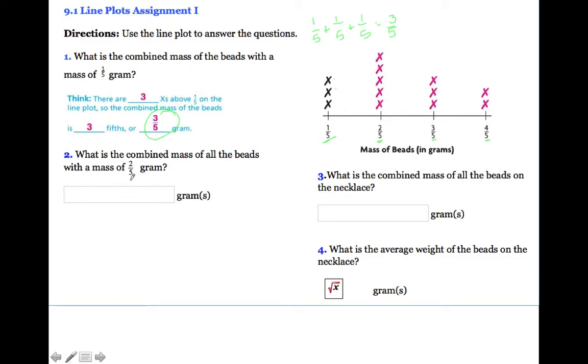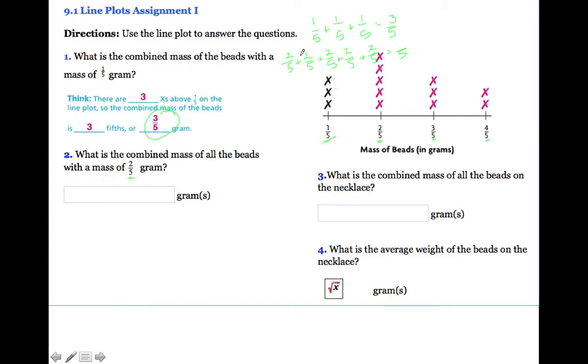So now they want to know the combined mass of the beads with 2/5. So there's 1, 2, 3, 4, 5 2/5 that we'd add together. So you can come over on your paper, 2/5 plus 2/5 plus 2/5 plus 2/5 plus 2/5. My denominator is the same.